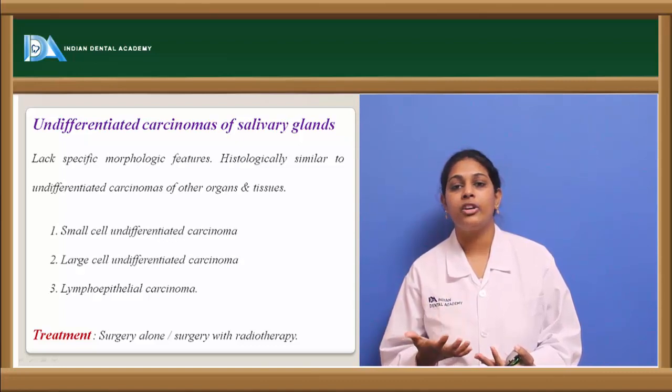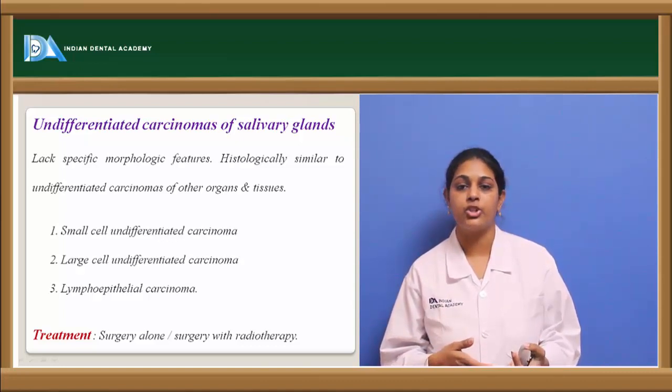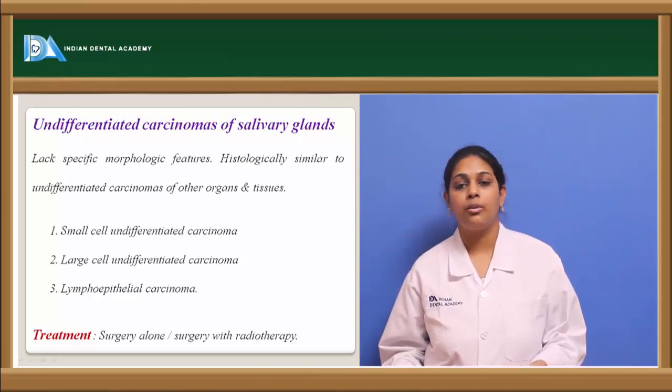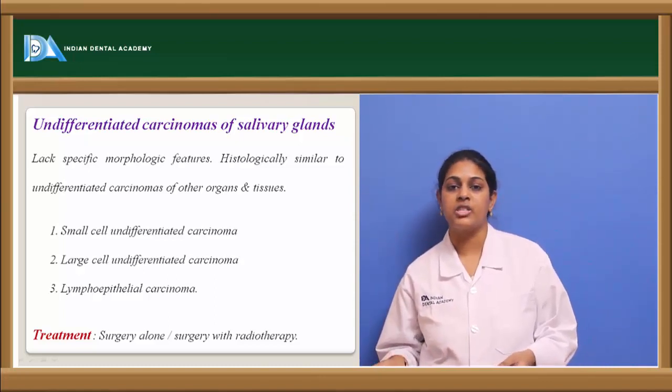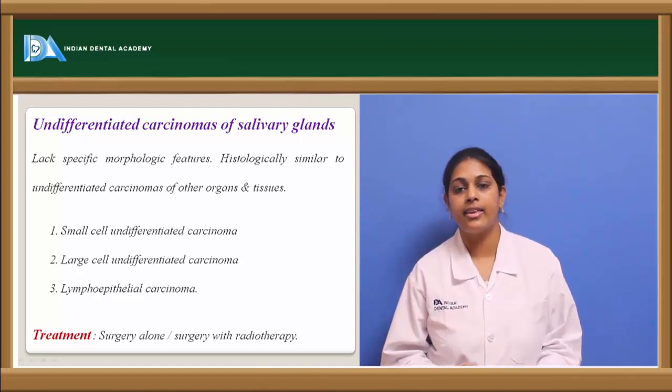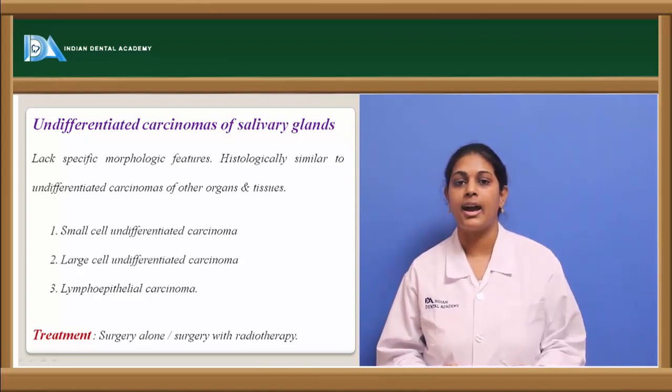So these undifferentiated carcinomas lack such differentiation and lack such resemblance with the parent cell. So they lack specific morphological features, and histologically they are similar to the undifferentiated carcinomas of other organs and tissues.